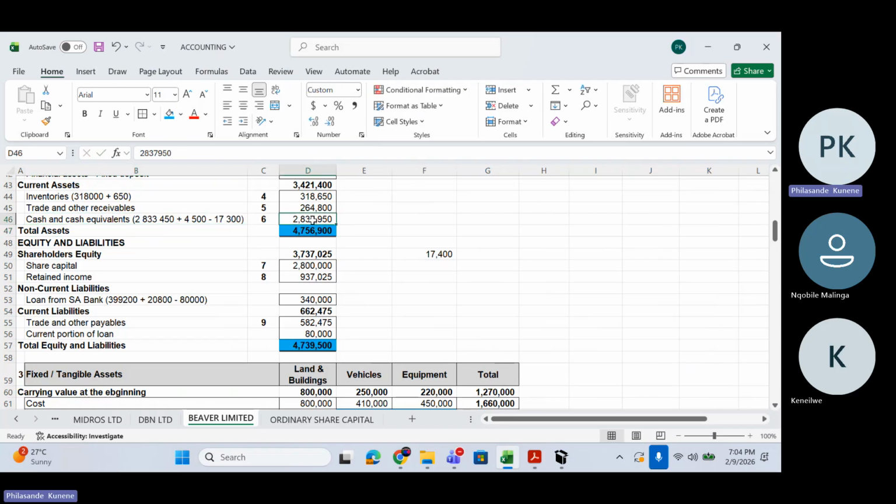So which means our cash and cash equivalents will change now. How much will be our cash and cash equivalents?